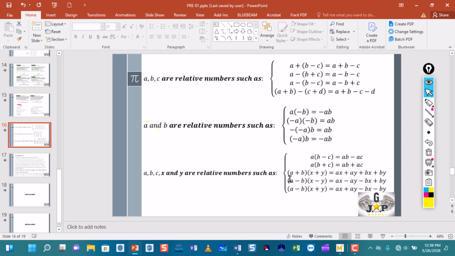So you multiply the terms of the first expression by the terms of the second expression. The first term of the first expression multiplies the first term of the second expression and the second term of the second expression. Then the second term of the first expression multiplies the first term of the second expression and the second term of the second expression. That's how you get it done.